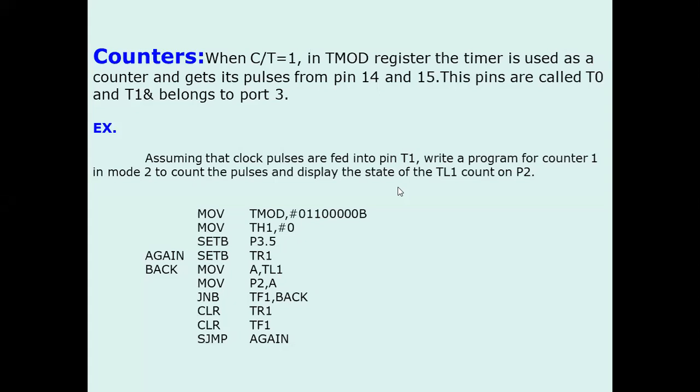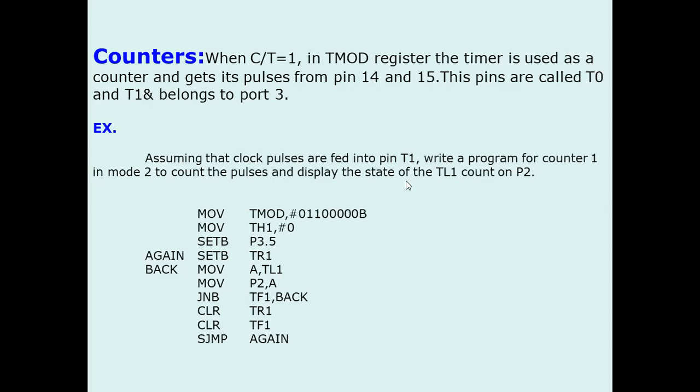C/T bar is situated in the TMOD register. If it is set to 1 in the TMOD register, then the timer will act as a counter. Now, external events: you can remember in the pin diagram of 8051 there were two pins, T0 and T1, special functions of port 3.